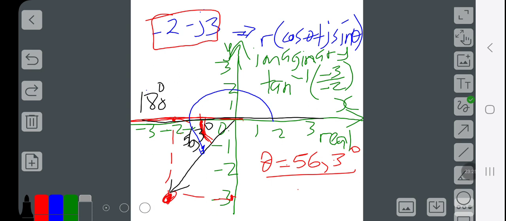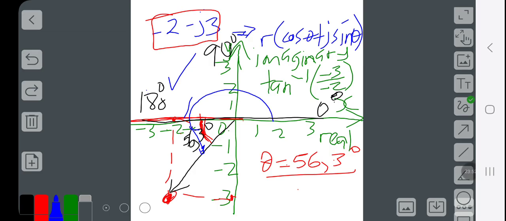On the y-axis it's 90 degrees, and on the first quadrant it's 0 degrees. So now, to find our argument angle from the first quadrant, I'm going to say 180 degrees plus this 56.3 degrees.